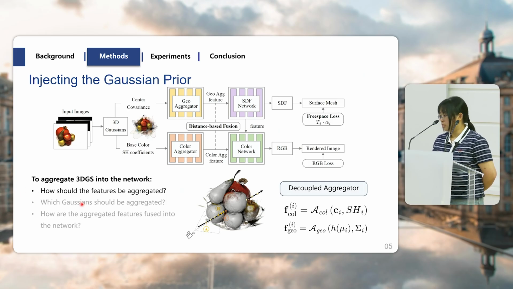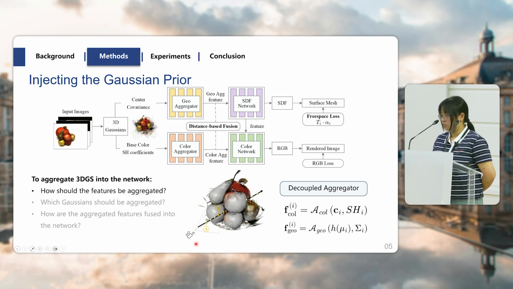Okay, the first one is how to aggregate. We design a decoupled aggregator. 3D GS already separates geometry from appearance. Geometry is the center and covariance, and appearance is the base color and SH coefficients.